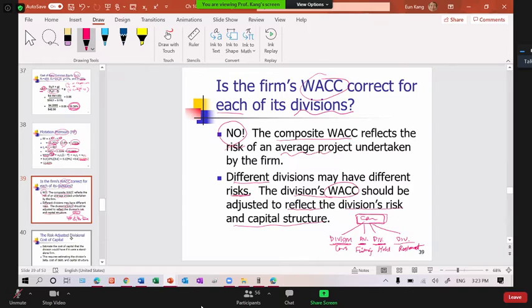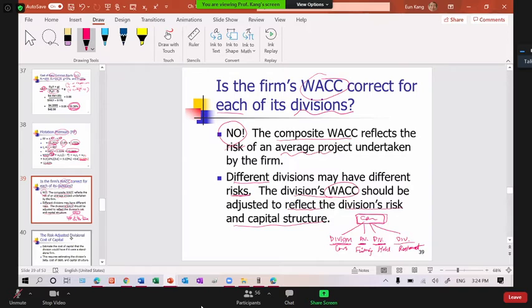So if you do just one cost of capital for the company, then suddenly risky divisions, their cost of capital is high, right? So cost of capital is high means what? Their projects generally have a high return by high risk. So if you just use one cost of capital, then mainly the risky divisions' projects are all funded.